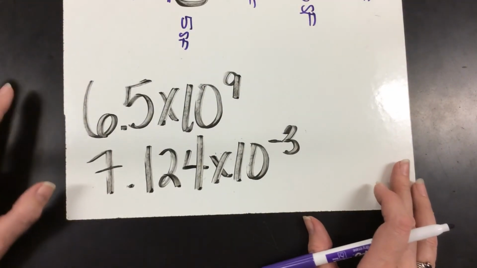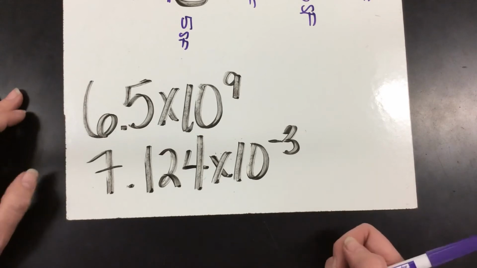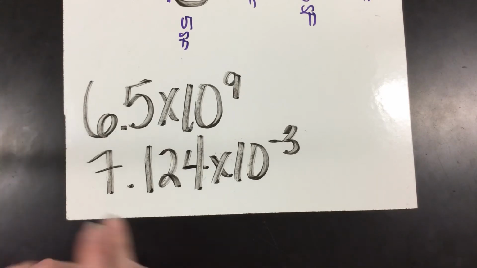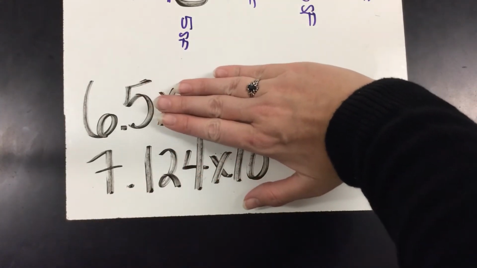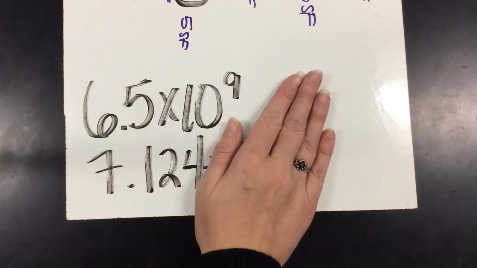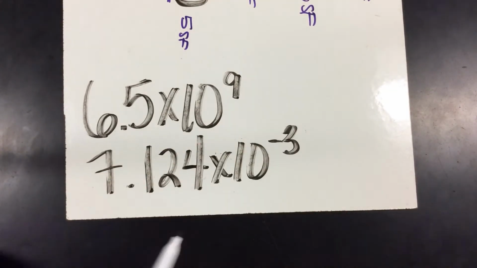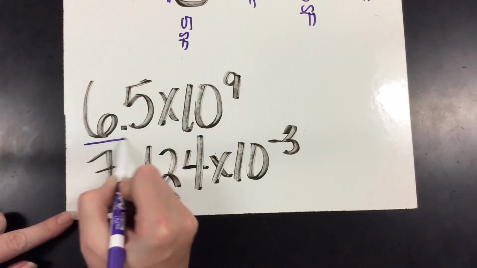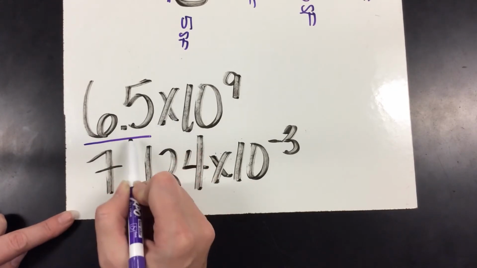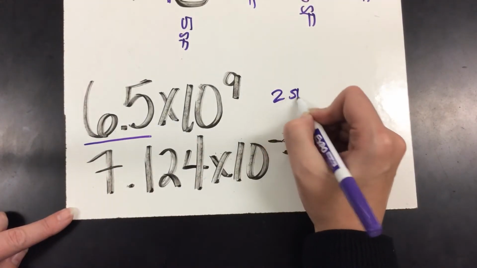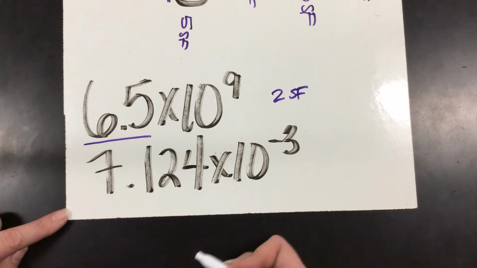Now scientific notation you're going to run into occasionally. With your scientific notation, when you're trying to figure out your number of sig figs, you basically ignore the times 10 to the 9th in this case, or the times 10 to the negative 3rd. What you're going to do is look at the number before the x for the times, and that's how many sig figs it has. Now it still follows all the sig fig rules.